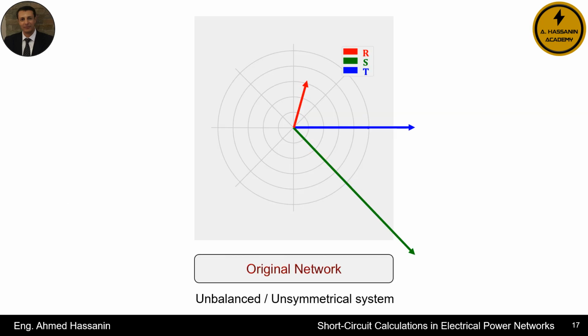For example, we see an unbalanced electrical network or circuit in front of us. Naturally, we observe that the current or voltage values are different for each phase. Additionally, the angle between each pair of phases is not equal to 120 degrees.